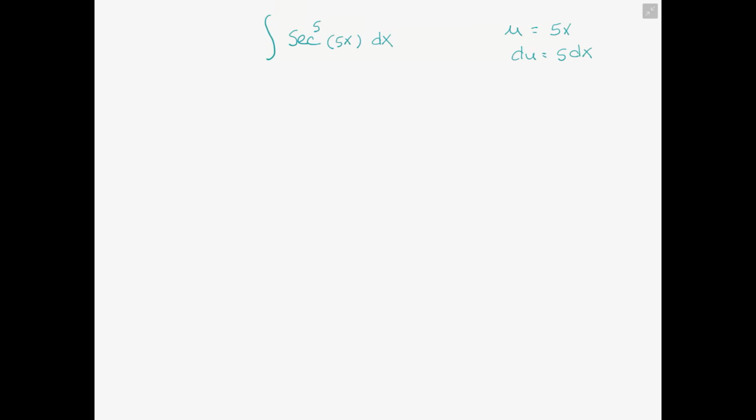So let's first substitute the argument. U equals 5x and du equals 5 dx. But we don't have 5 dx, so we put 5 here, 1/5 out here, and this is equal to 1/5 secant to the fifth of u du.